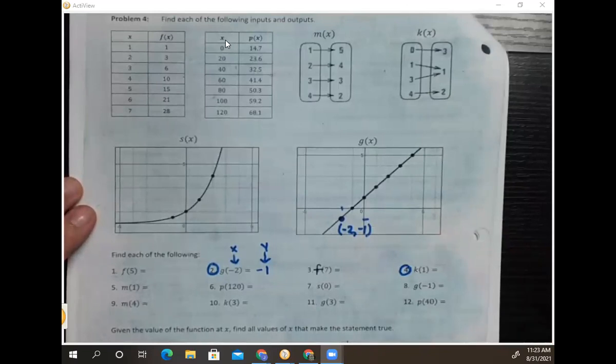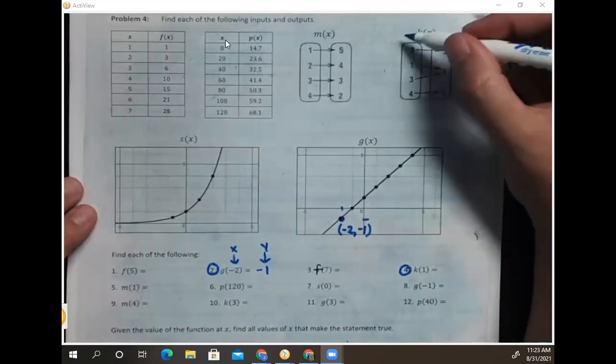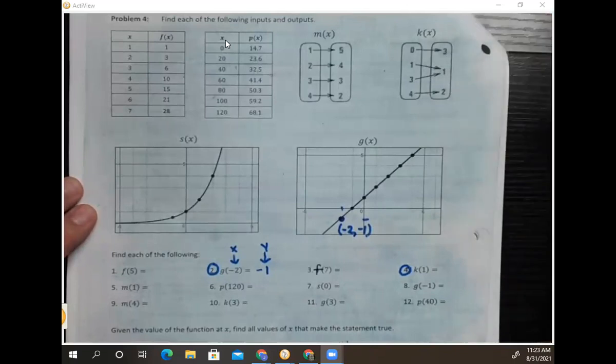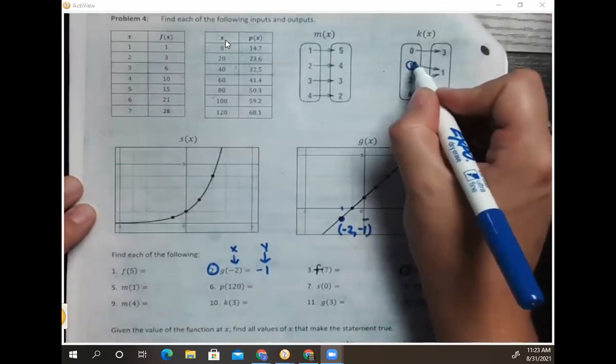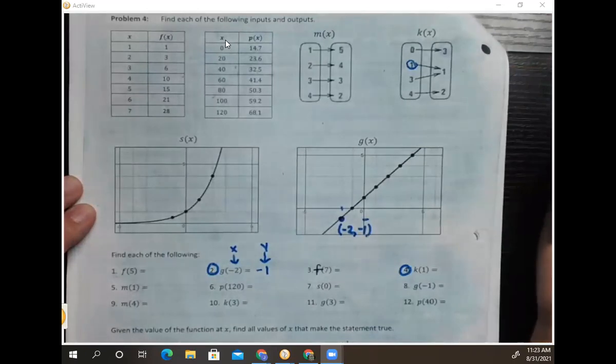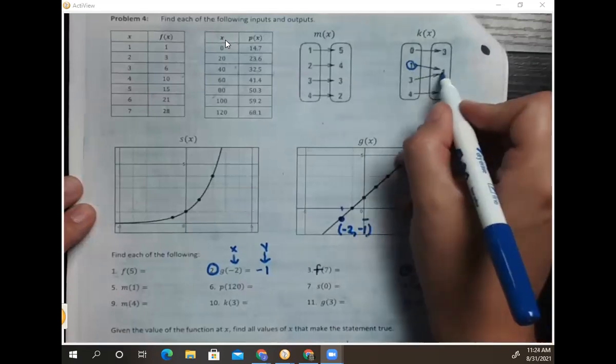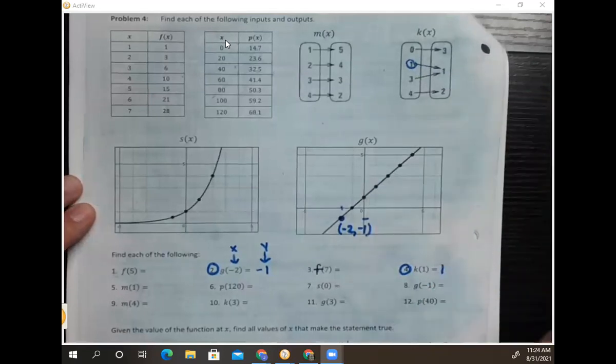So k of 1 equals, see, k would be this input-output map right here. I've got the input. K of 1 equals, what's its output? 1. Yeah, 1 goes to 1. K of 1 equals 1.